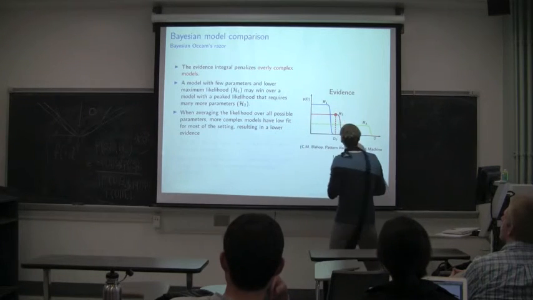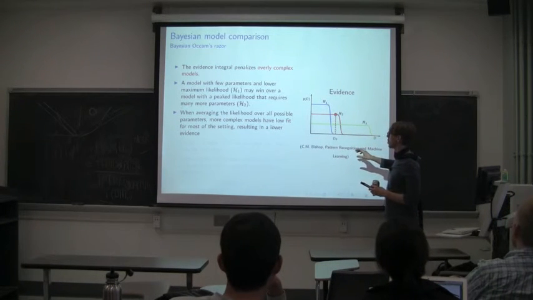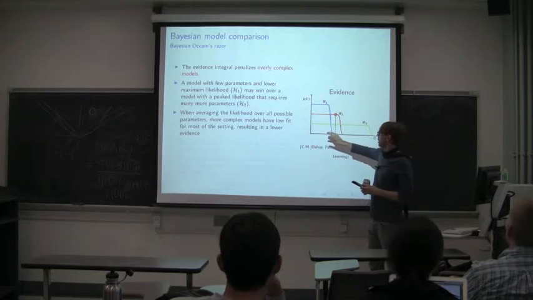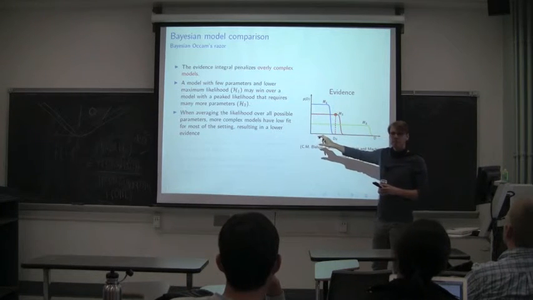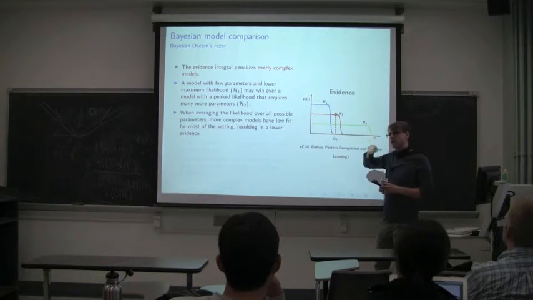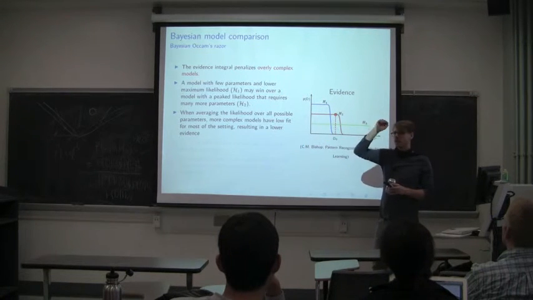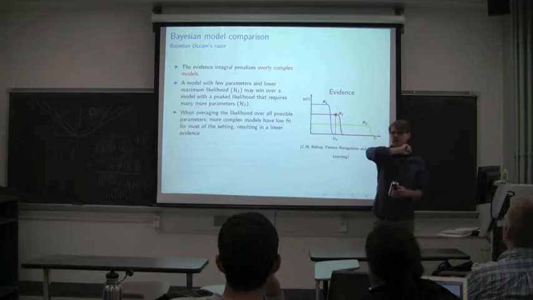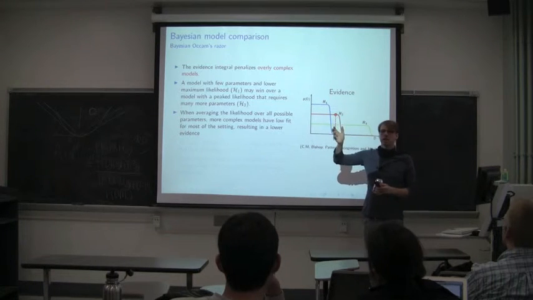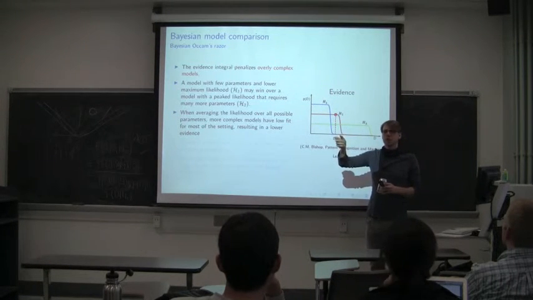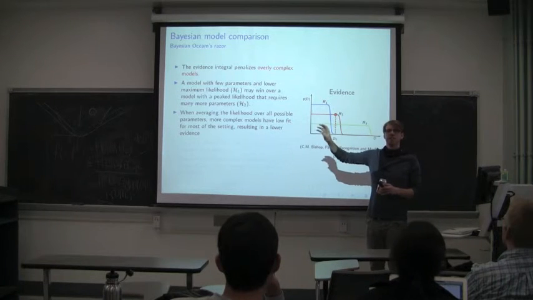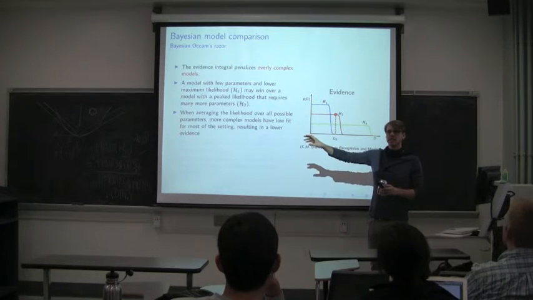Because if you have a very complex model, you can find some parameterization that will fit very well on one data set, and on another data set, and yet on another data set. But if you have a very simple model, you cannot choose your parameters that much, so it will only fit a certain kind of data sets.